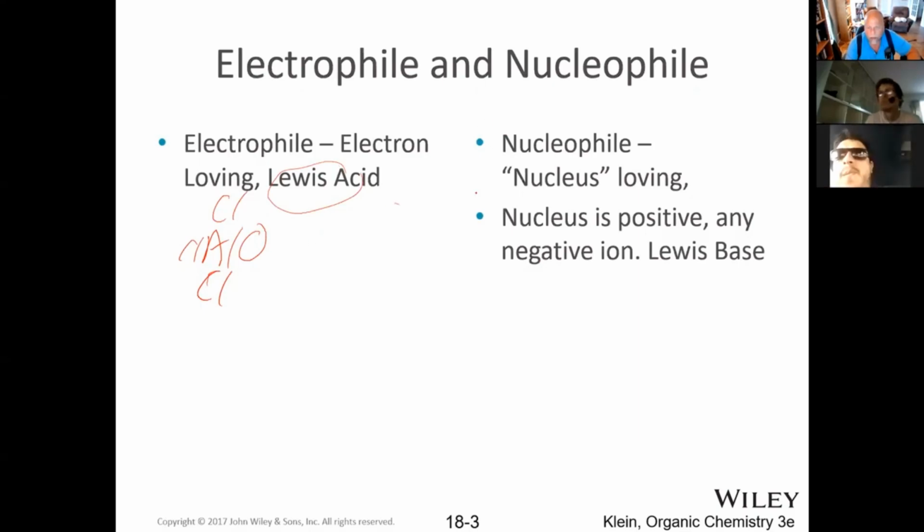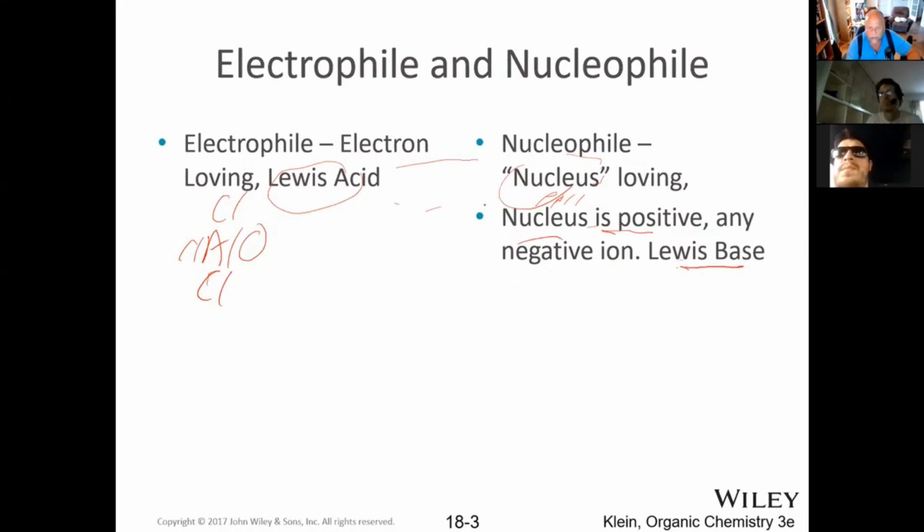The nucleophile is nucleus loving. In other words, the nucleus is a positive center, and it could be attracted to any negative ion, which is a Lewis base. So essentially it attracts any negative ion.